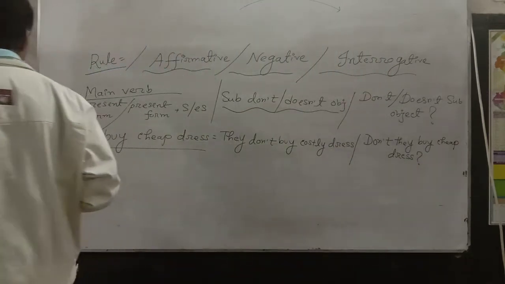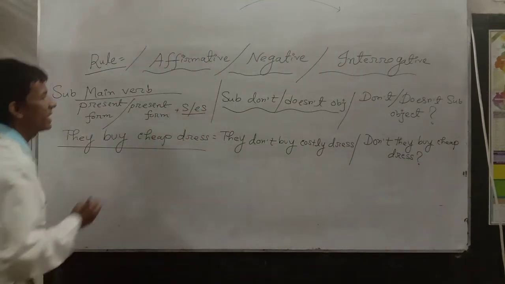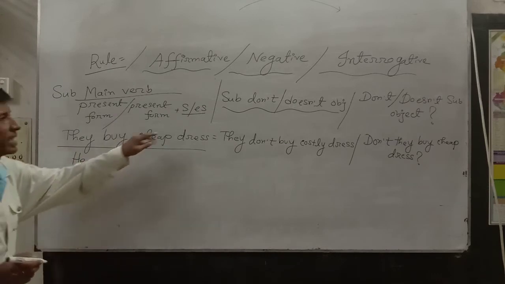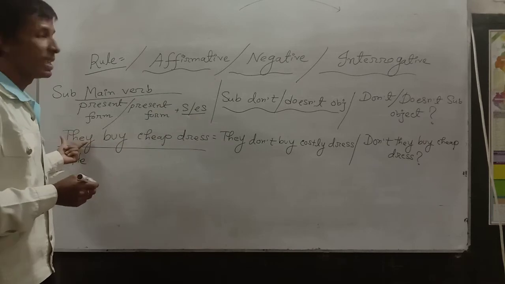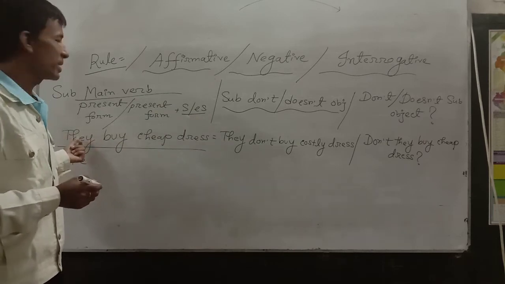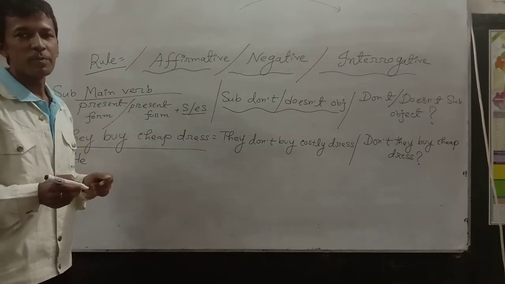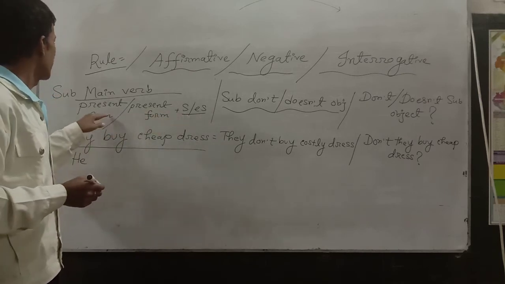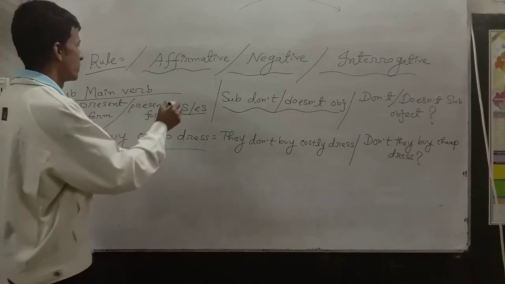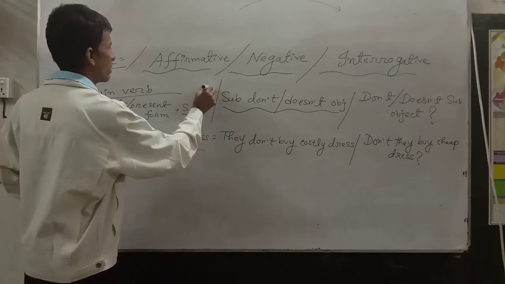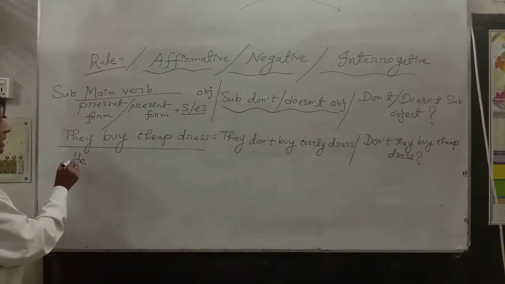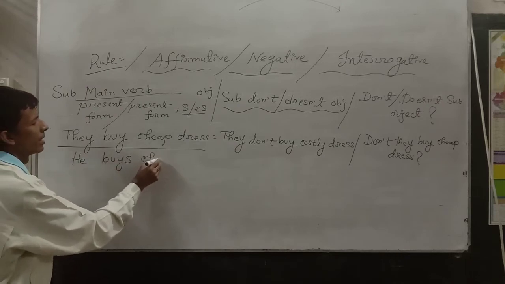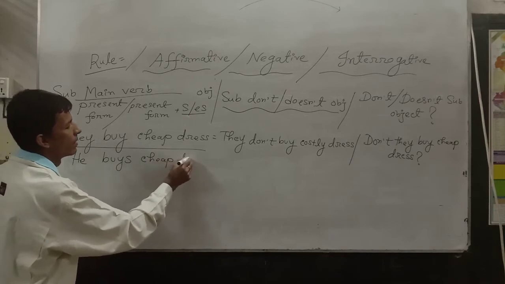Now I am going to write the example including s or es at the end of the present form. This type of verb including s or es will depend on the subjective case. If the subjective case is in the third person singular number, then an extra s or es will be added at the end of the present form. He buys cheap dress.